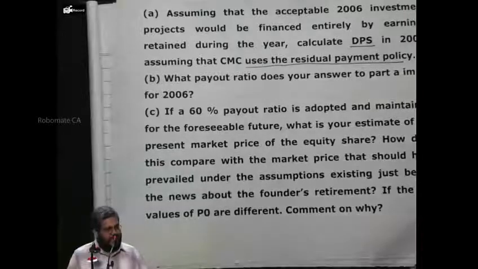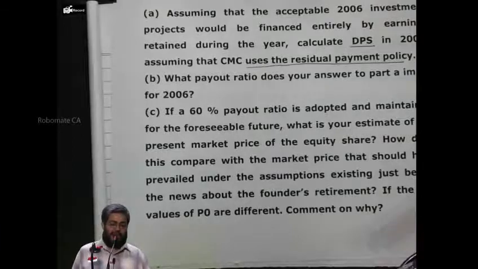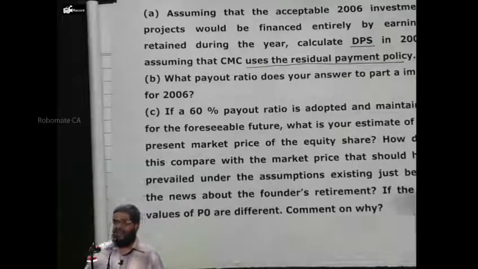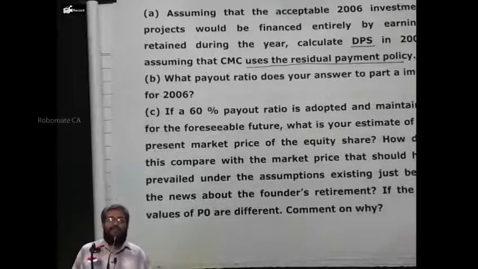Do I require 16 lakhs or 8 lakhs? Minus retain for investment. Write the amount as 8 lakhs. Minus retain for investment 8 lakhs. What is the balance here? Dividend. Dividend is equal to 12 lakhs.